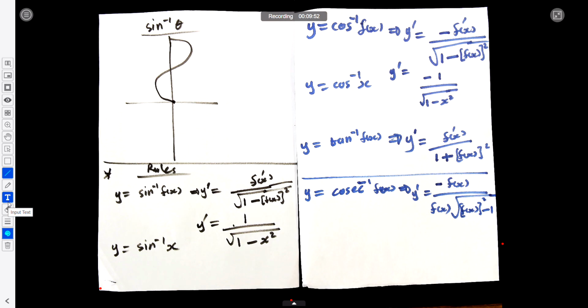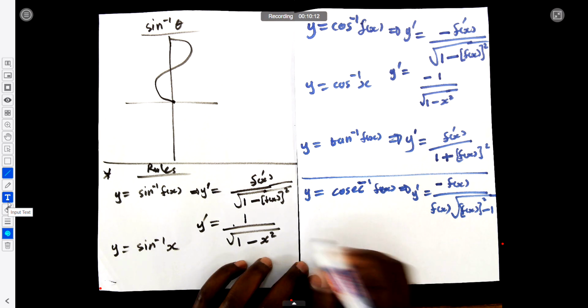That is, negative f prime of x, all over f of x times root f of x all squared minus 1.